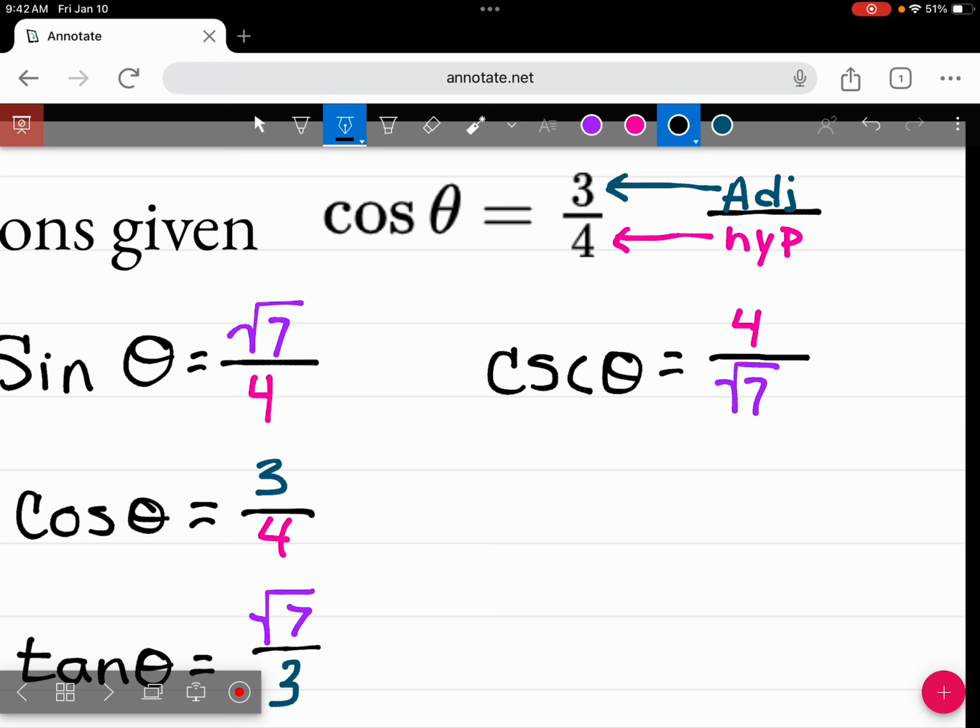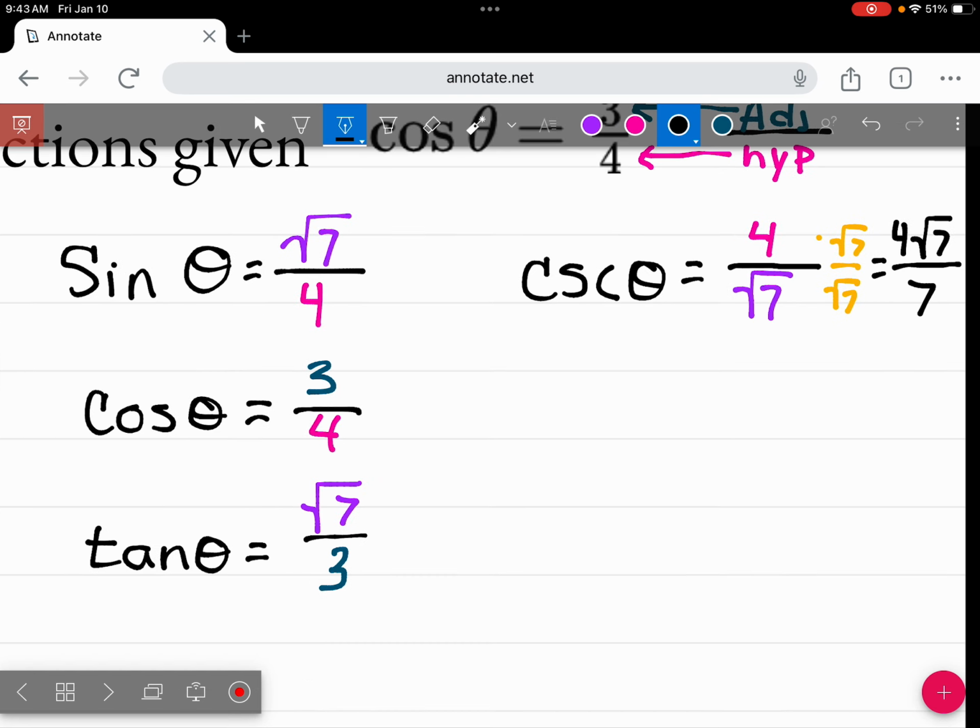We have to rationalize our denominator, because we don't want square roots on the bottom. So we're going to have 4 square root of 7 over 7. All that rationalizing that we did last semester, yeah, that's going to happen again.